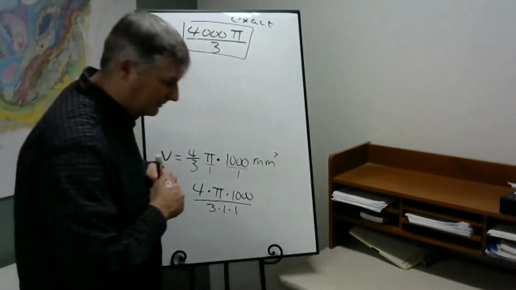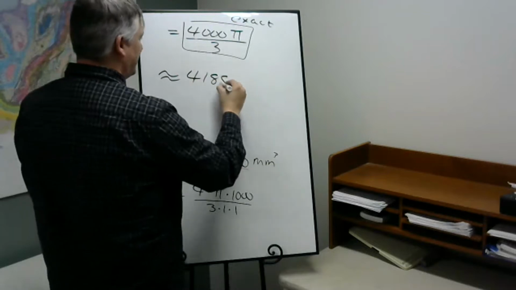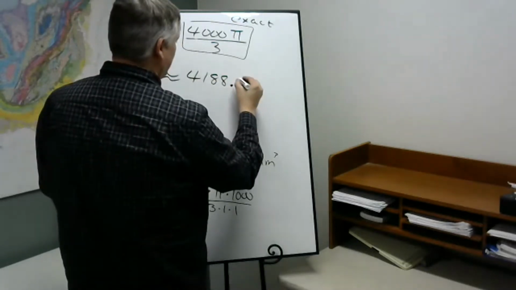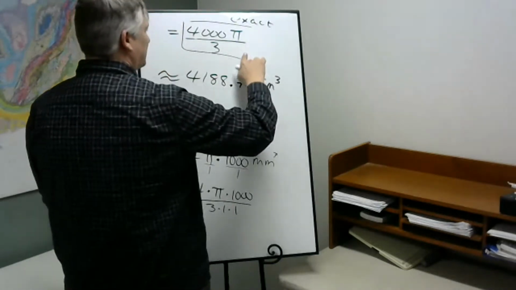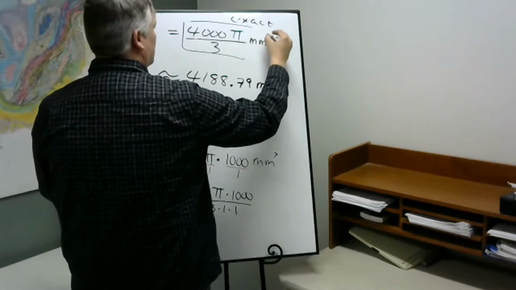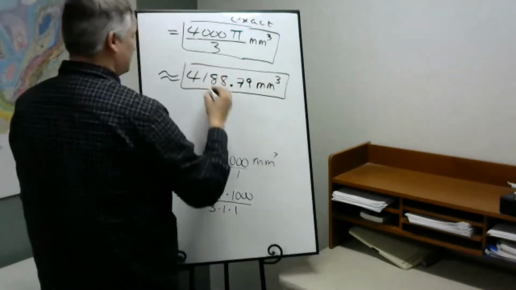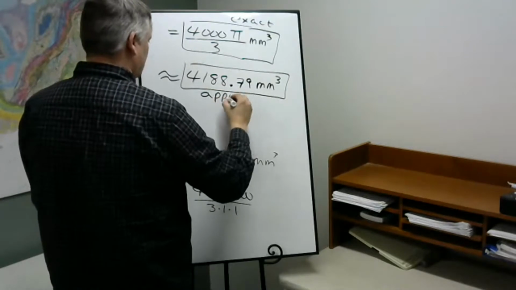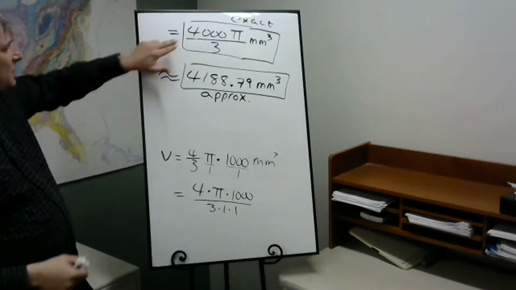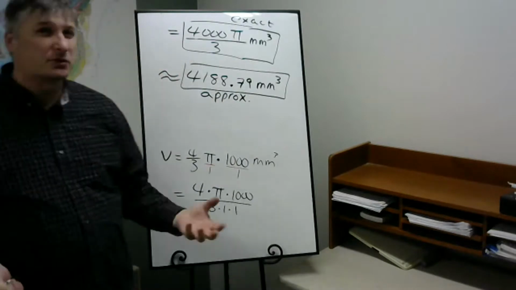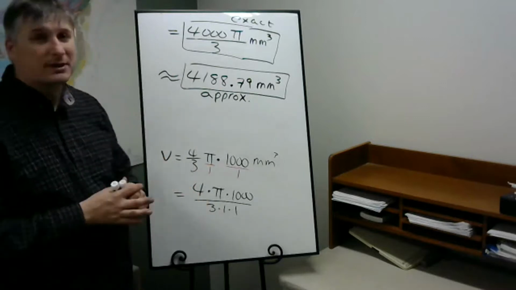So what we're going to get is approximately 4,188.79 millimeters cubed. So this would be your exact answer, where we want to preserve both a fraction and a pi. This would be your approximate answer.